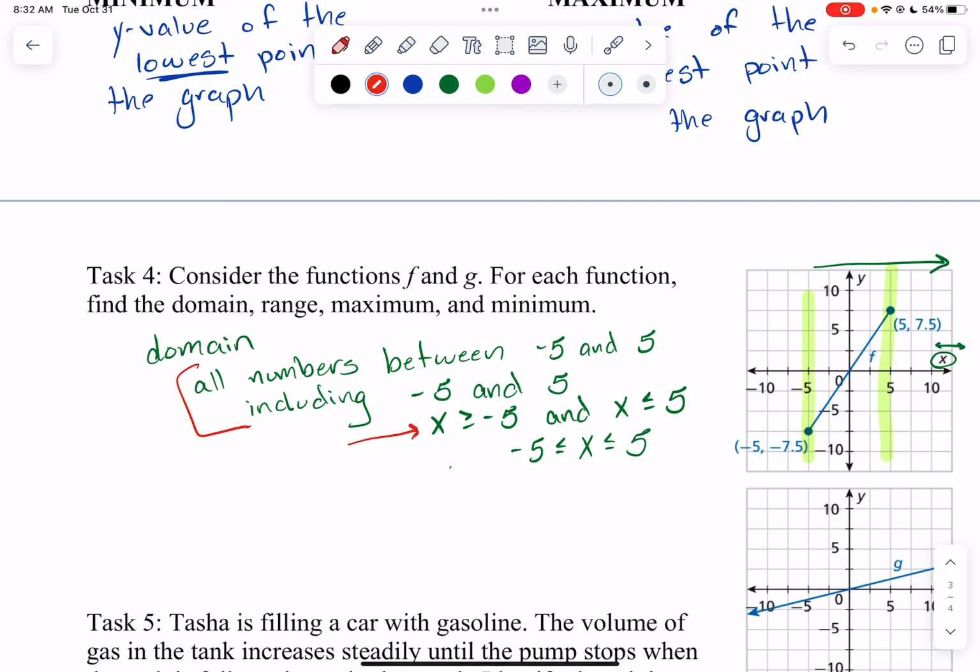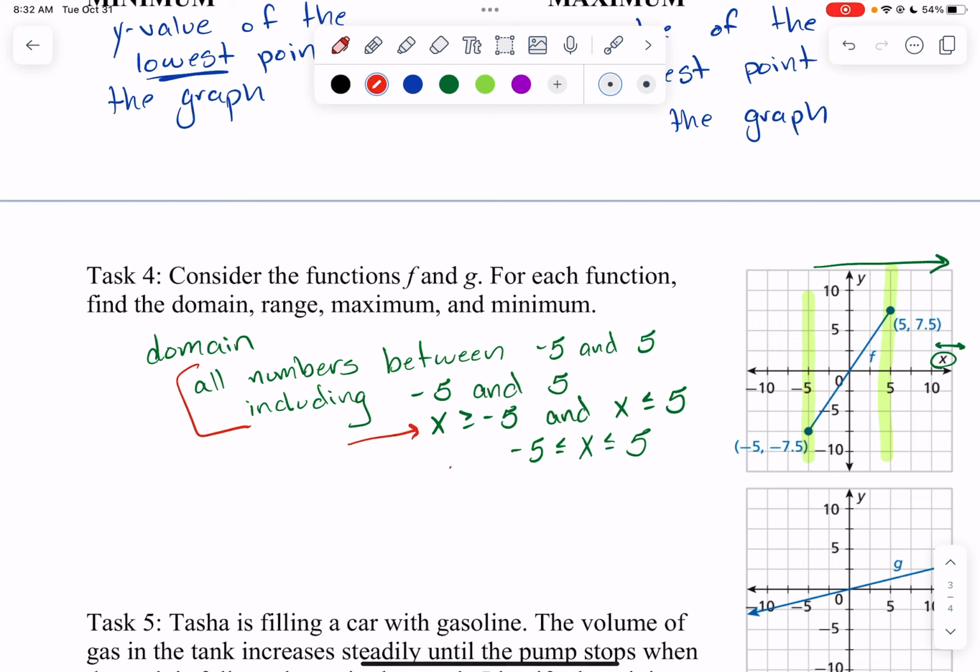So for my range, again, I could write it in words, all numbers, so basically any real number between negative 7.5 and 7.5, including, you have to say whether you're including, yep, including negative 7.5 and 7.5.